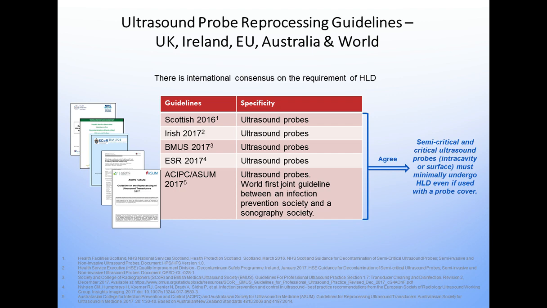This is the world first joint guideline, in Australia, a collaboration between both the infection control experts and the sonography profession. All of these guidelines essentially agree, and they are in line with Canadian and US guidelines as well, and that is that semi-critical and critical ultrasound probes should be minimally high-level disinfected, and critical probes should be preferentially sterilized.